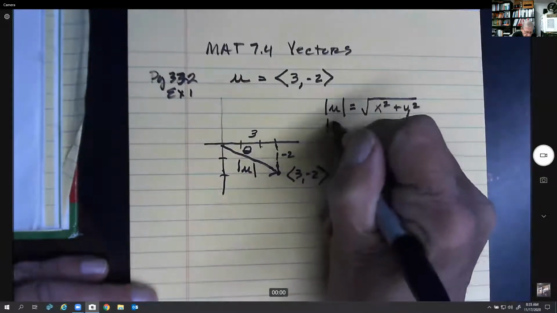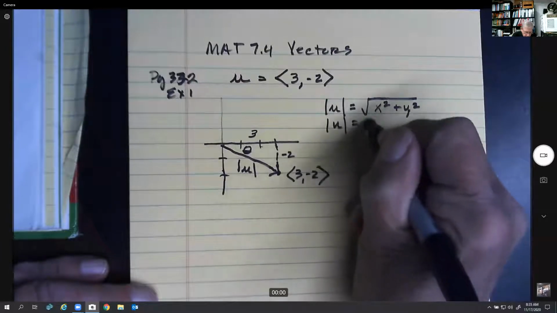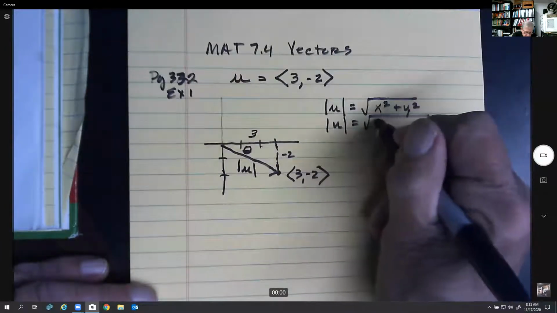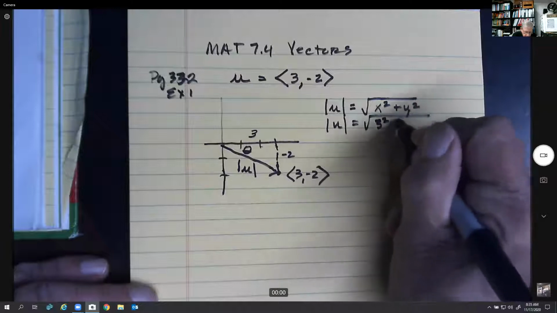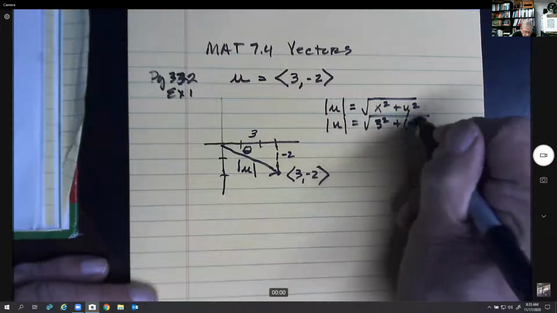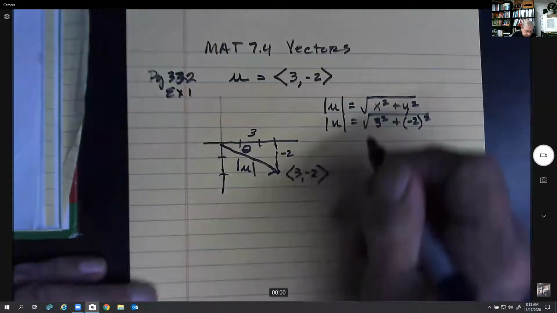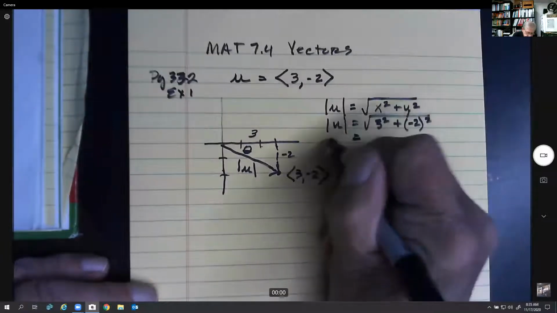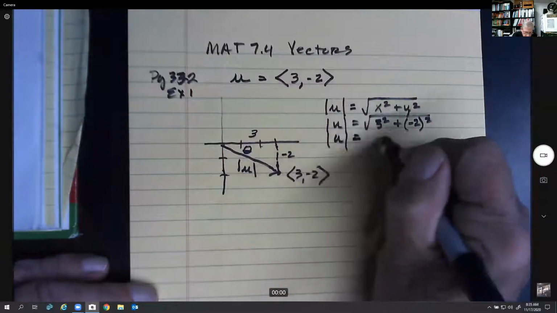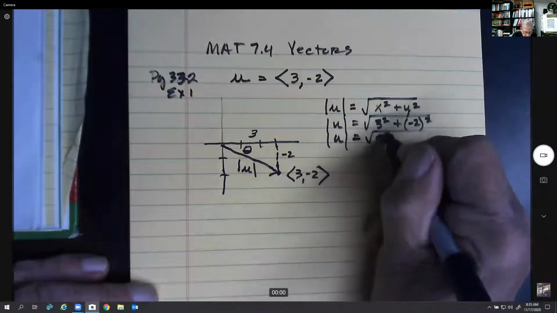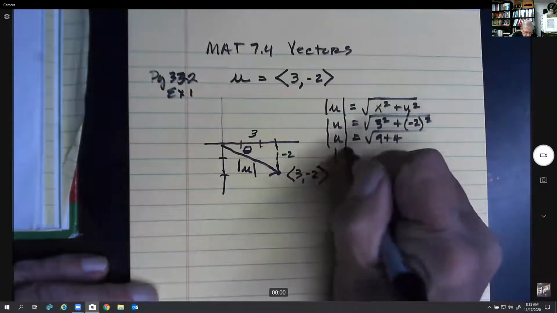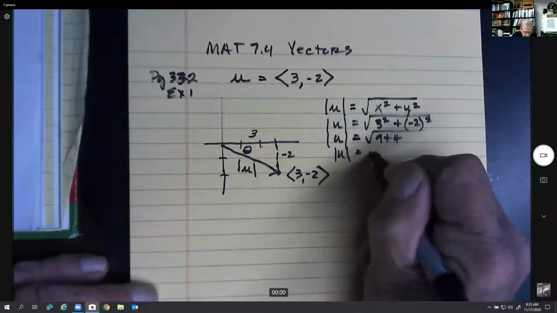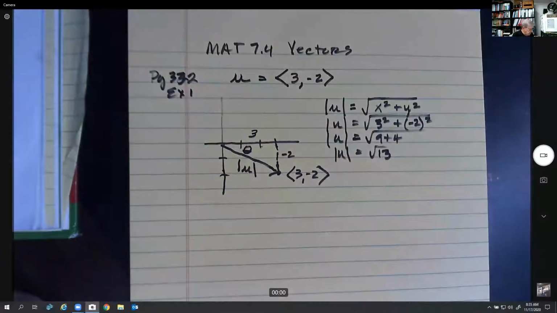So the magnitude is the square root of x squared, which is 3 squared, or 9, plus a -2 squared, or 4. Magnitude is the square root of 9 plus 4. So the magnitude is the square root of 13. So there's your magnitude.